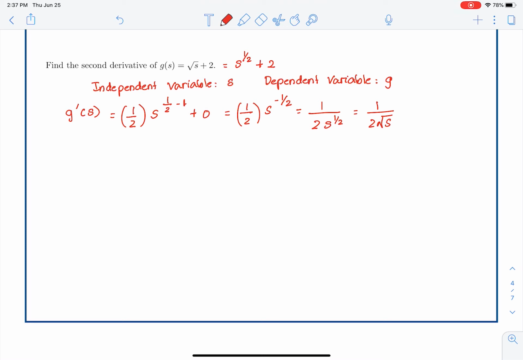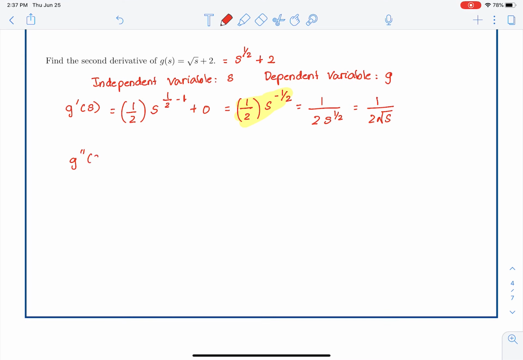We have to take g prime of s and take the derivative of this term again to get g double prime of s, which is the second derivative. So we have 1/2 already. The negative 1/2 is going to come to the front now.